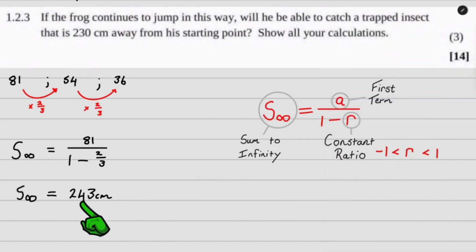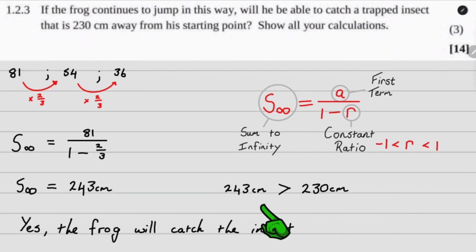And then we can make a comparison to the insect's distance away from the frog. So we can see the frog will get further than that, so he will make it to the insect with 13 centimeters to spare. So we've got to answer this question. They say, will he be able to catch the trapped insect? So I've got to say, yes, he will.